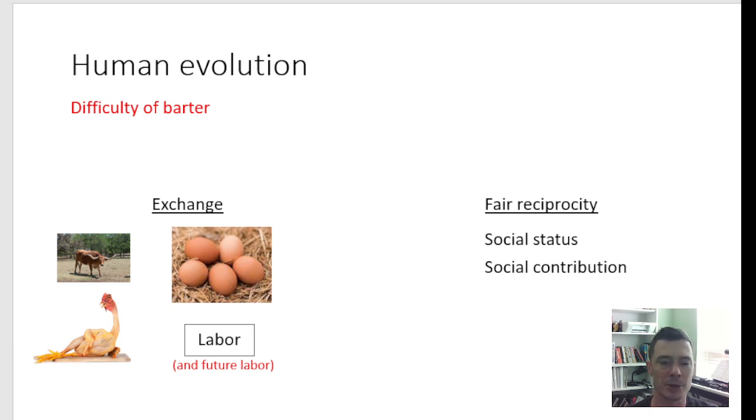So 2 million years ago, we started having more deliberate exchanges. And the problem of barter had two components to it. The one that probably immediately comes to mind is finding the right items to exchange, but also, and this is a little more nebulous, we lived in a small family tribe, and there were a lot of dynamics involved in that.